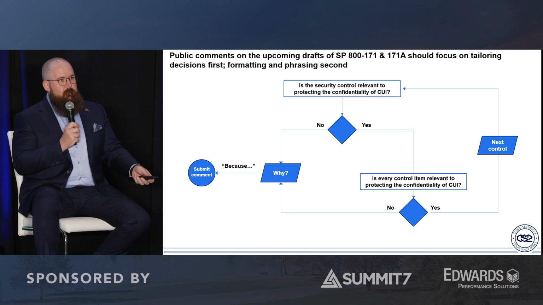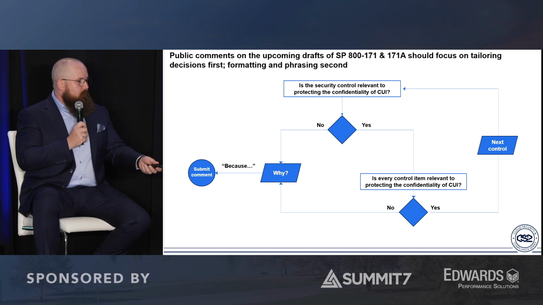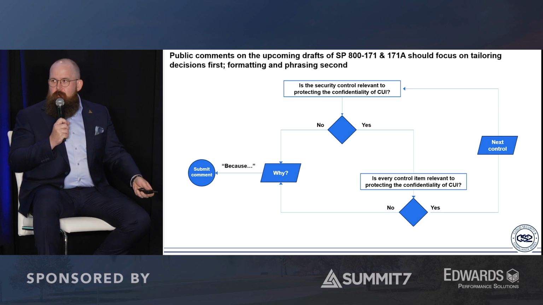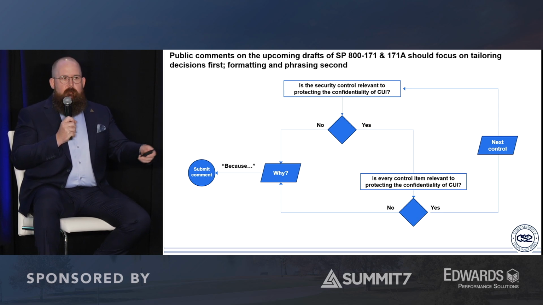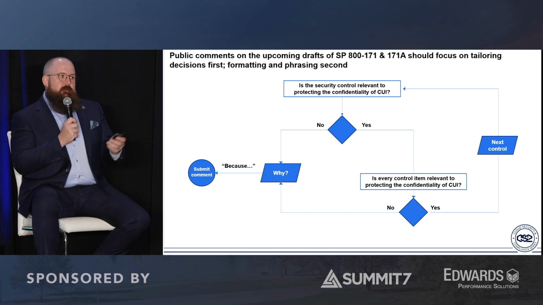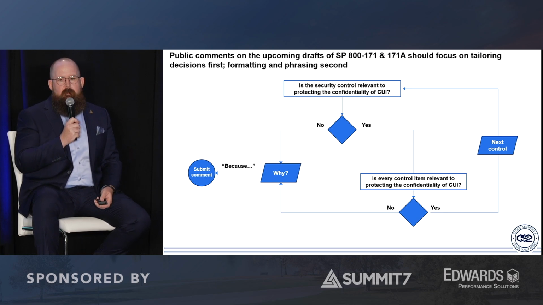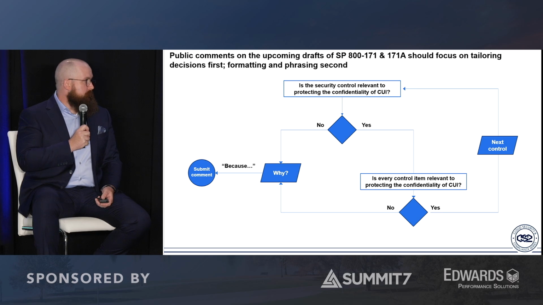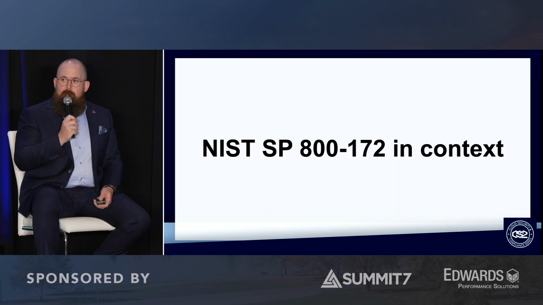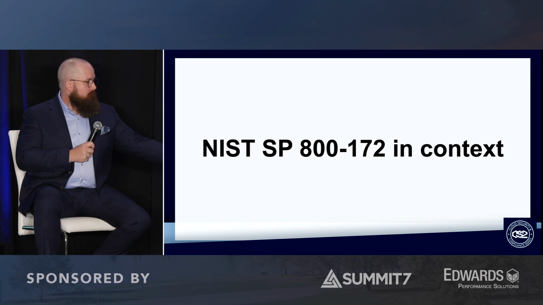If you think that it is relevant, and you think that all the items are relevant, then you move on to the next control, and so on and so forth until you get through all 200 some odd controls that they've deemed to be relevant, and that will change the structure and substance of 800-171 much more than whether or not ODPs happen to be in the control or not. And with that, we'll jump over to 800-172, and then we'll get to some questions.